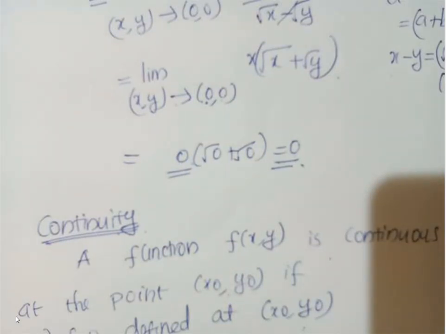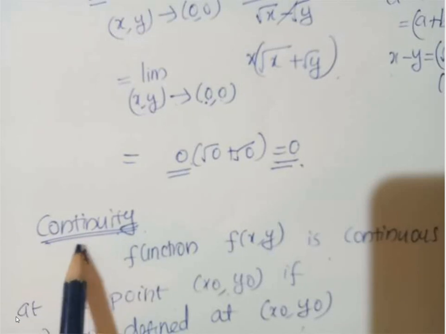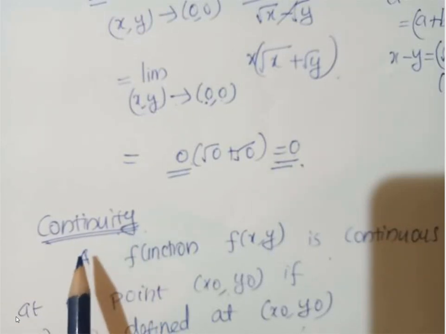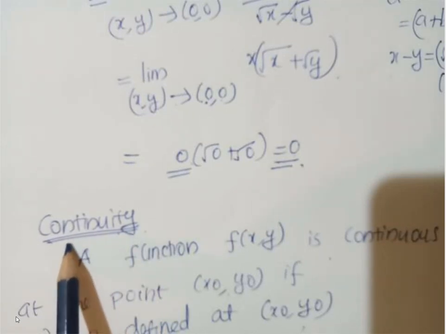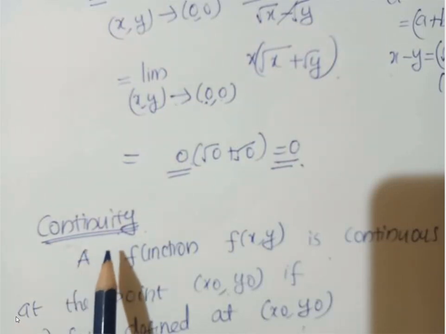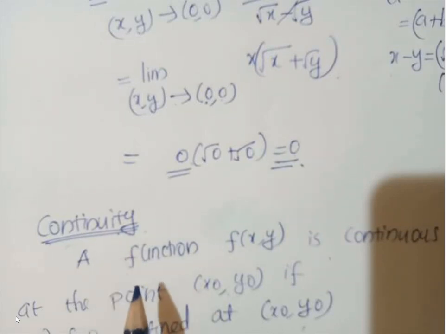So the next topic I'm going to discuss is continuity, right? The definition of continuity you have studied in the first semester also, right? A function of one variable, y equal to f of x, is continuous at a point.